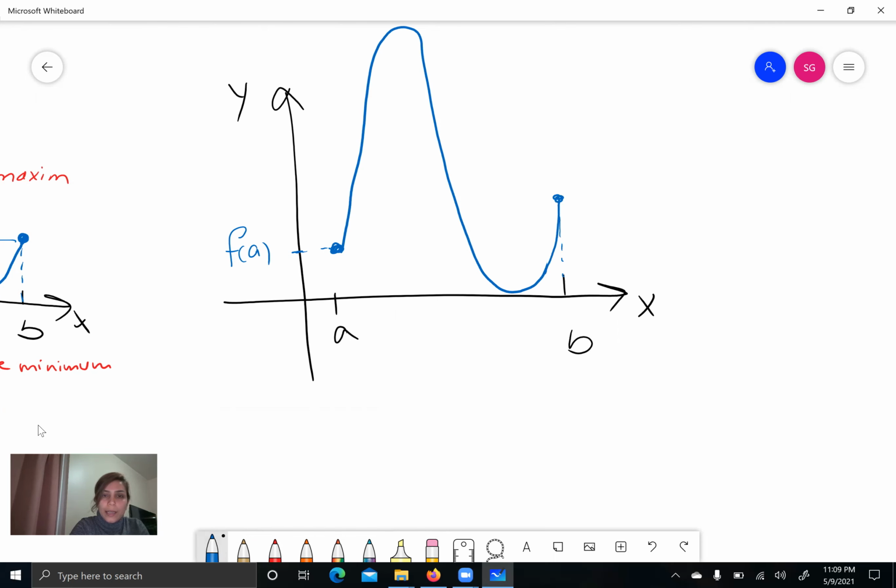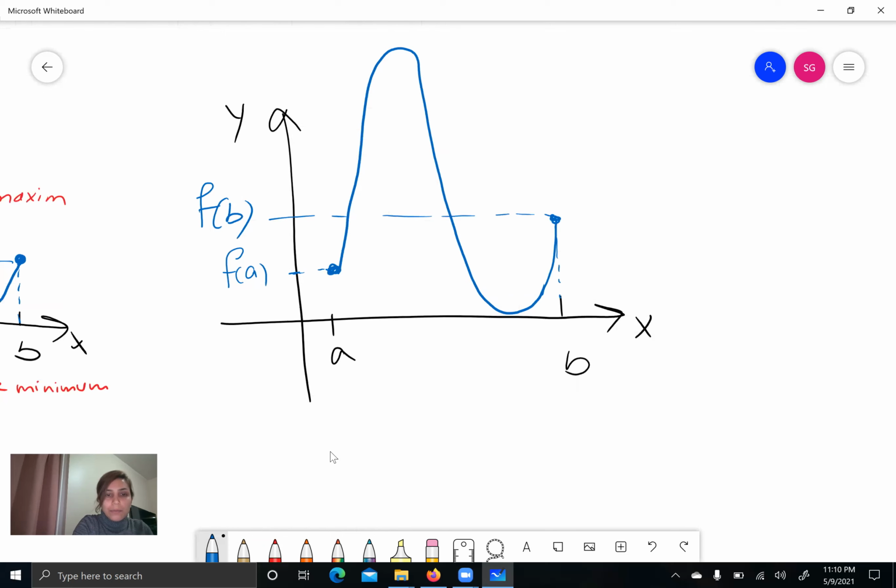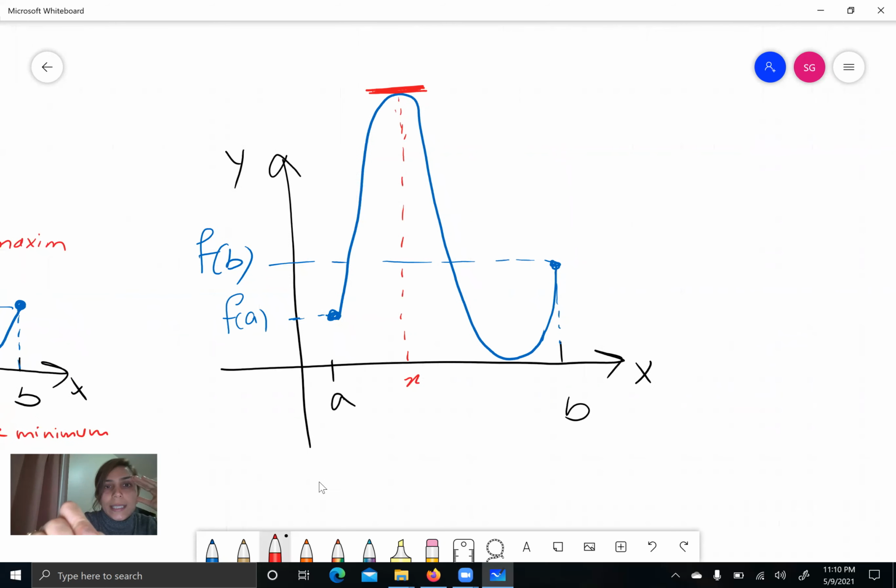Okay, and this is f of B. So look, in this example, the absolute max and absolute min are neither at A nor at B. It's somewhere in between. This is the greatest height. So at this x value, the function reaches the maximum height, which is the absolute maximum, because this height is greater than any other height over this range.